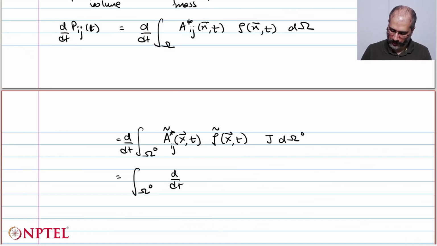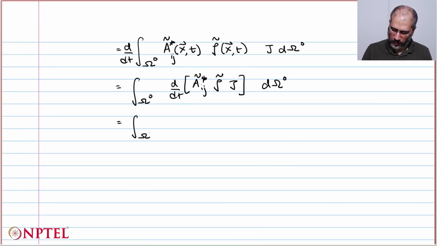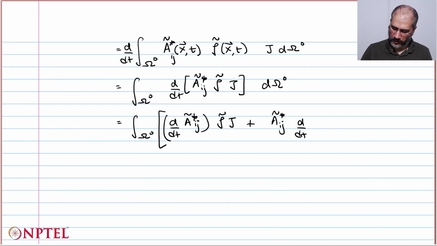This becomes d by dt of the product of A tilde star, rho tilde, times j times d omega naught. If we apply the product rule, this becomes the material derivative of A tilde star times rho tilde j, plus A tilde star times the material derivative of rho tilde j times the d omega naught.